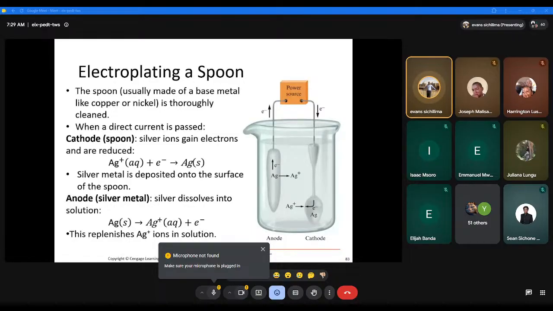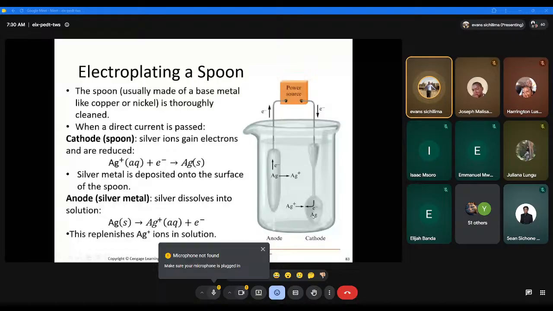In this case, the piece of metal that you're using to electroplate would be in pure form. So what is happening is actually the migration of ions from the solid; they are dissolved and they migrate to the new cathode.